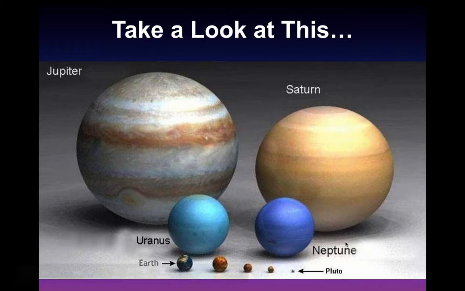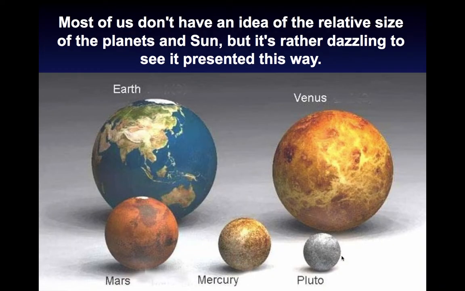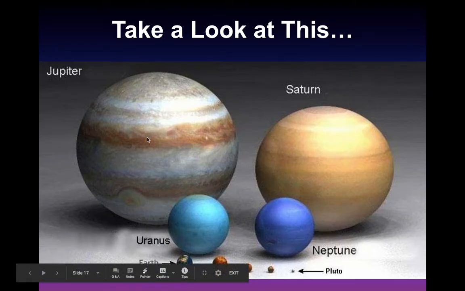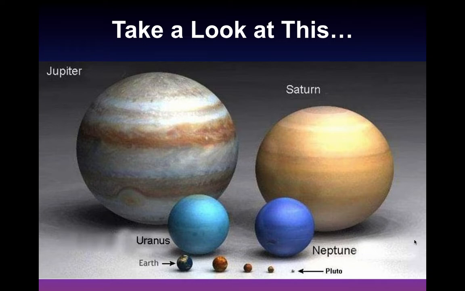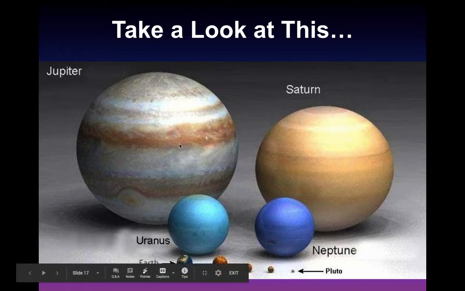And now we're going to take those planets we just looked at and compare them to the outer planets. So let me let this go away real quick. You have Earth at the bottom, and you can see all the inner planets, all the way down to Pluto, the really tiny one. And then you have this huge one. You've got Jupiter here, Saturn here, Neptune here, Uranus here.